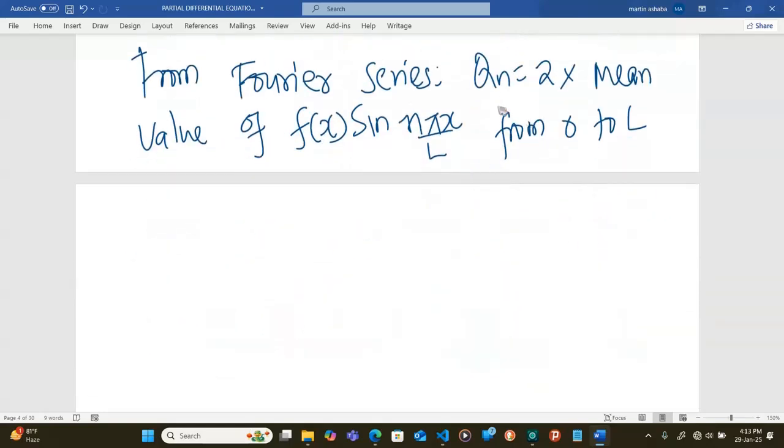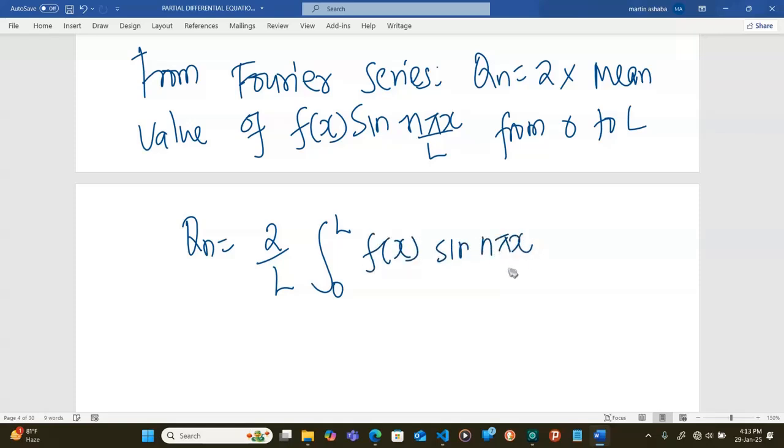Therefore, the 2n is related to the bn that you always see in Fourier series equations. So 2n, therefore, is going to be 2 out of L, integrating from 0 to L, times f(x) sine(n pi x out of L) with respect to x.